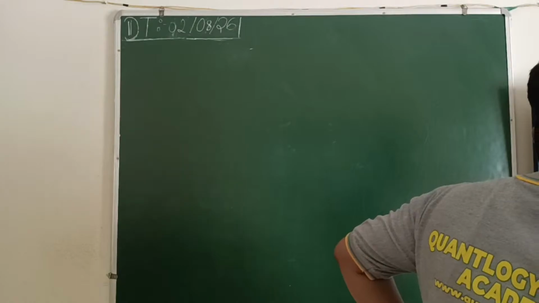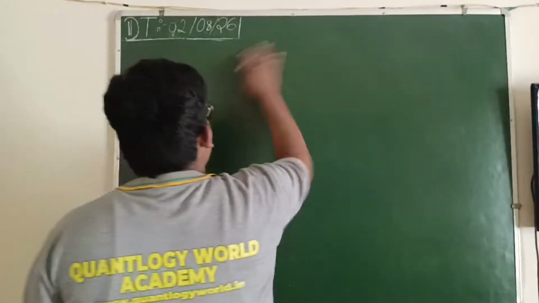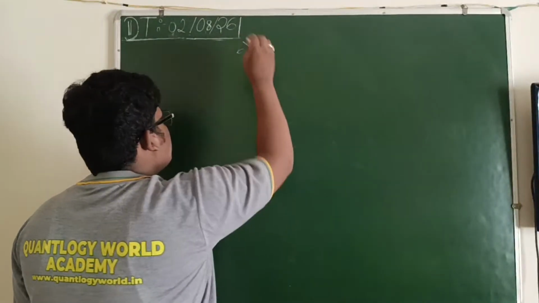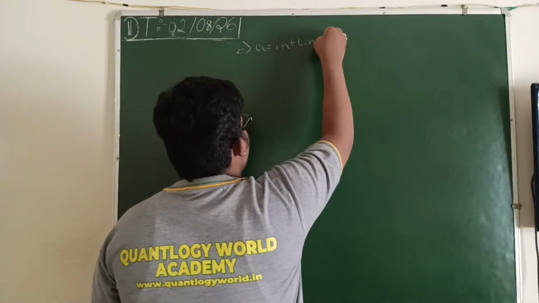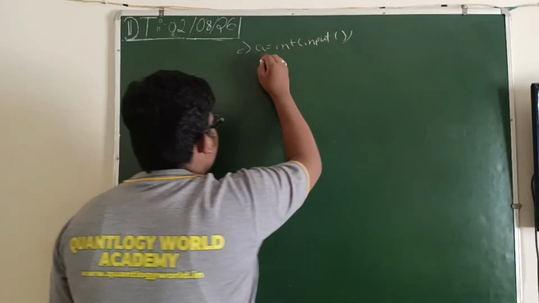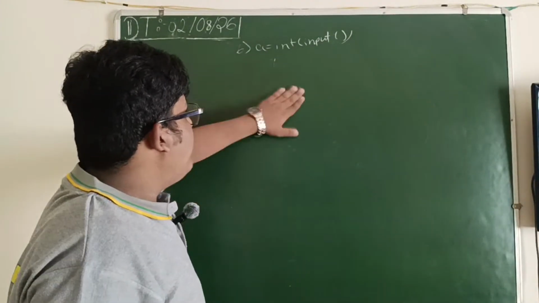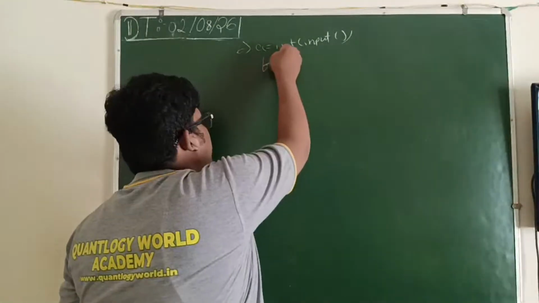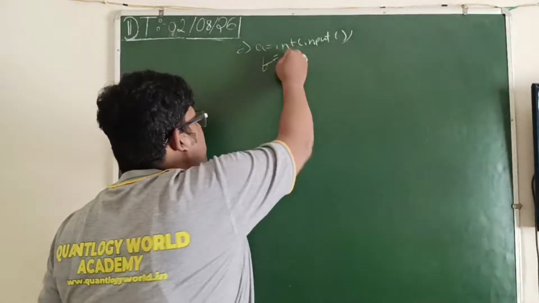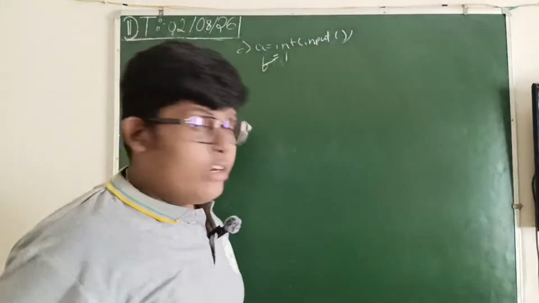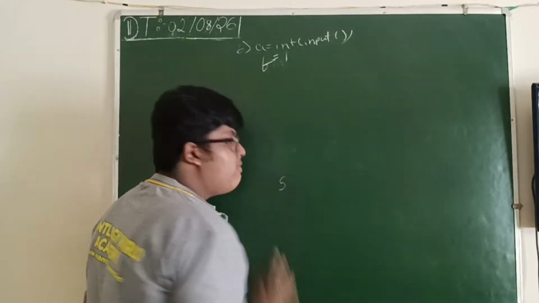Then the next program is: write a program to input a number and find its factorial. Program number 6. a equal to int(input()), f equal to 1. For getting the factorial, we'll assign a value as f. Why are we assigning the initial value as 1? Before that, we have to know the logic behind factorial. Let's take the number 5.